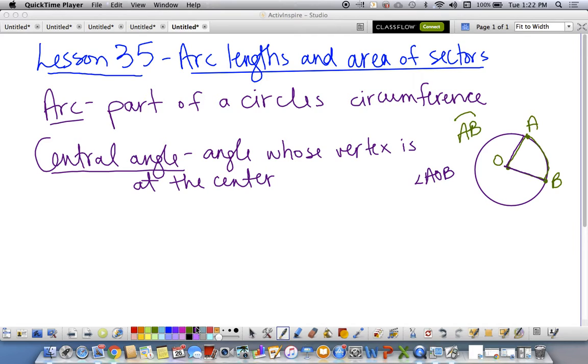Okay. What if I say the measure of the central angle, AOB, is 60 degrees? Okay. If I say that, can I ask you a question? What's the measure of the arc AB?